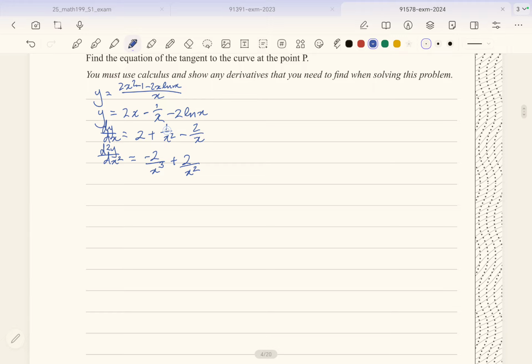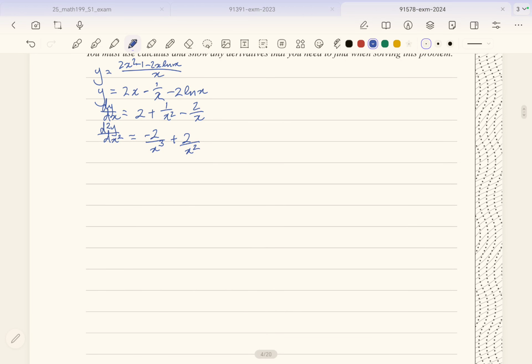The negative 2 drops down, is our power rule, and this becomes negative 3. So negative 2 becomes negative 3. Same thing here, but it's 1 power less, and the coefficient stays at the top. Negative 1 over x differentiates to positive 1 over x squared. So that's our second derivative.